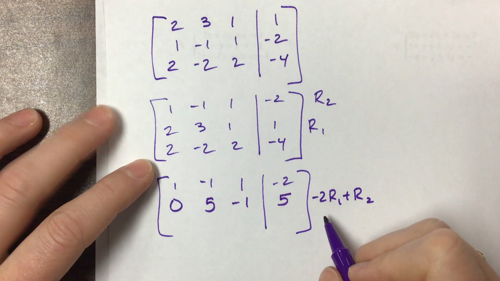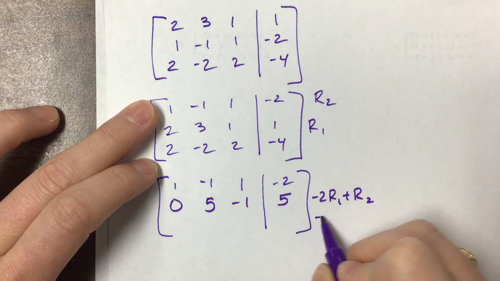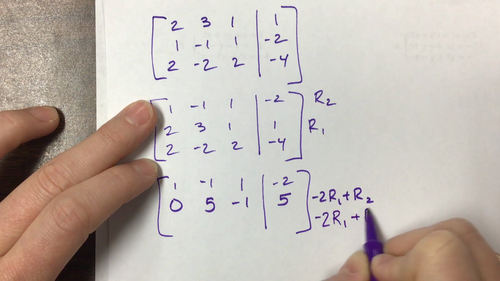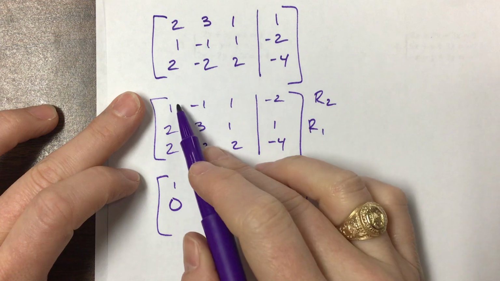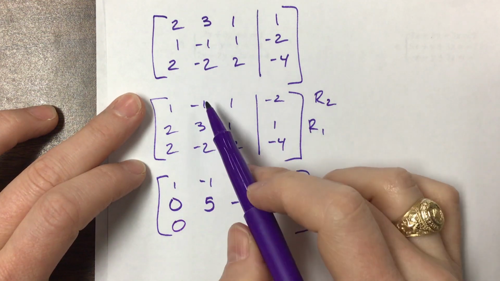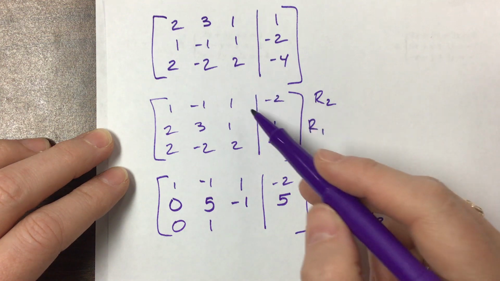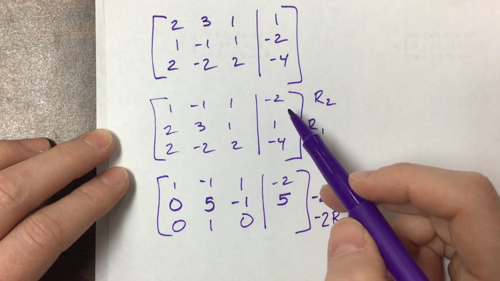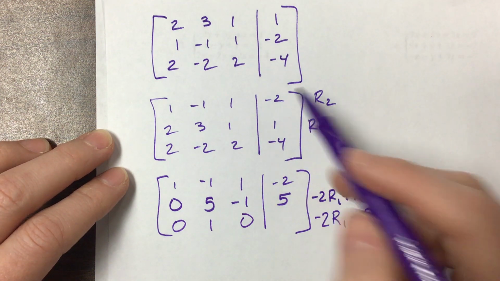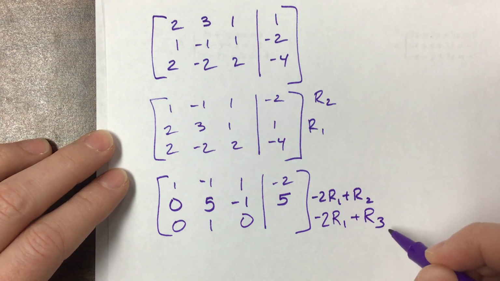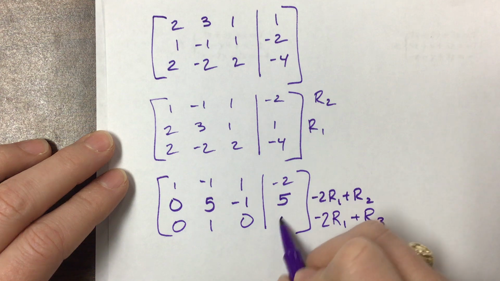Okay, and now I'm going to do the same idea. So that's a 0, that's a 3 minus 2 is 1. That is -2 and it's a 0. And then we have +4 plus 4 is, right, +4 plus 4 is 0.